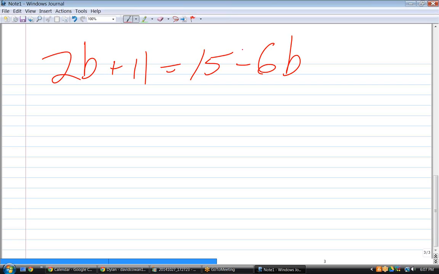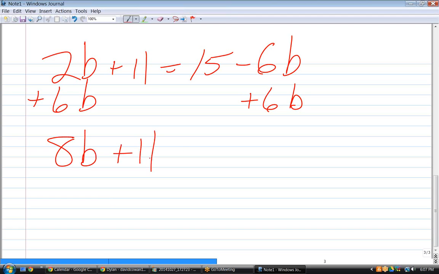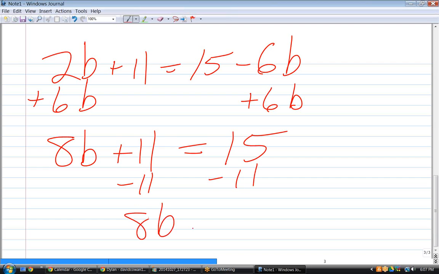So we're going to add 6b to both sides. So you would get 8b plus 11 is equal to 15. Now what? Then you would subtract 11 from both sides. And then you would get 8b is equal to 4.